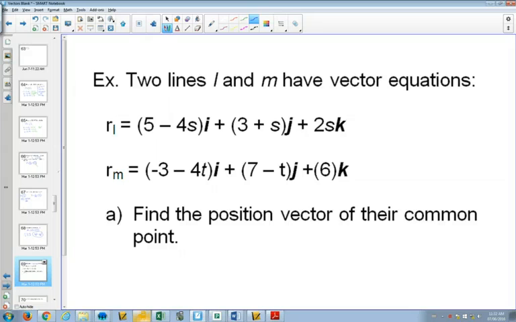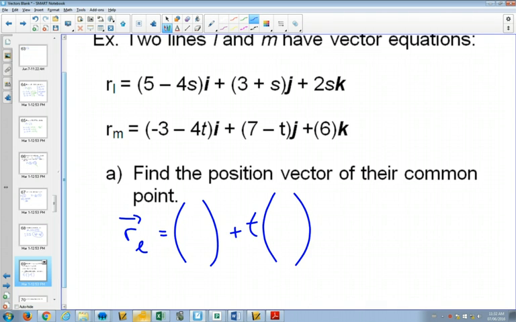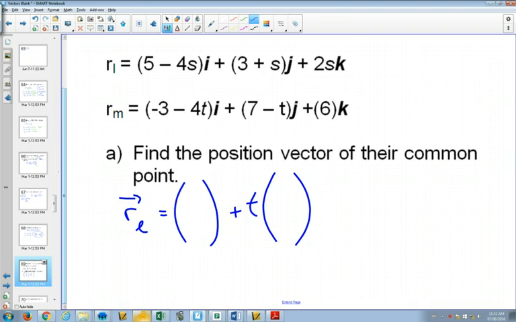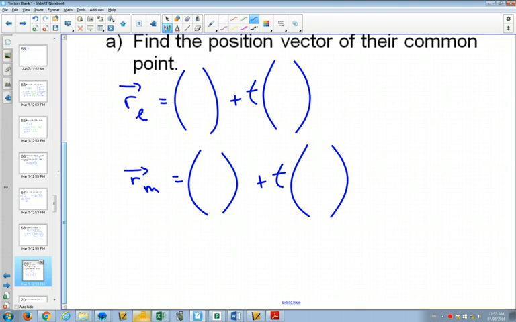So this next question also has our vector equations in a weird form. So let's see if we can rewrite the line L as a vector plus t times a vector, and rewrite our line M as some vector plus s times a vector.